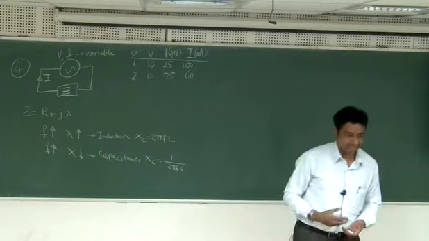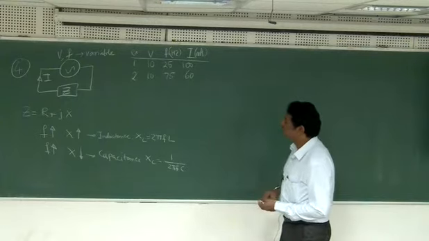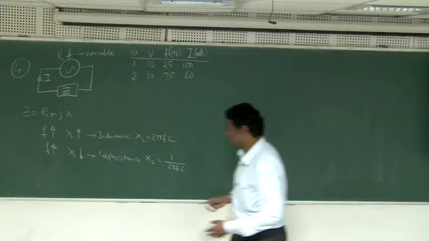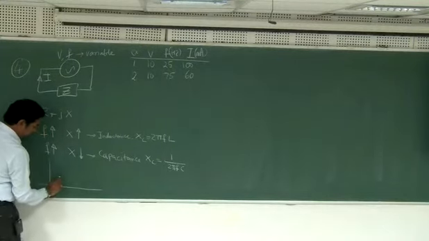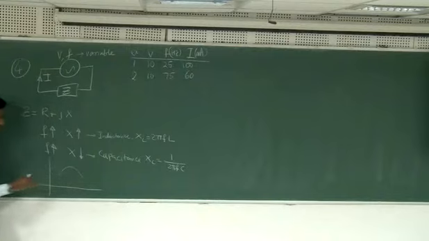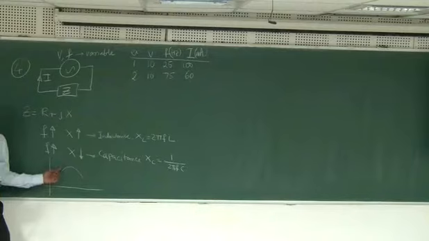It depends on the L and C values. Maybe you can try it separately. It might be something like this: as frequency increases, inductive reactance increases, so the impedance increases. After a while, as the frequency keeps increasing, it decreases. So there will be something like this.